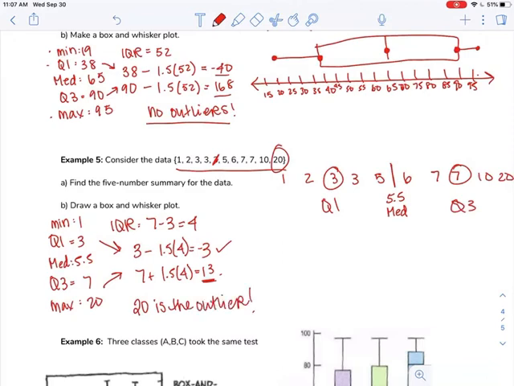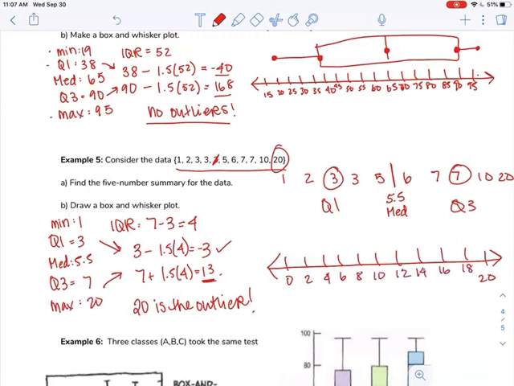Okay, now let's make our box and whisker plot. Our data goes from 0 to 20: 2, 4, 6, 8, 10, 12, 14, 16, 18, 20. My minimum is 1. My quartile 1 is at 3.